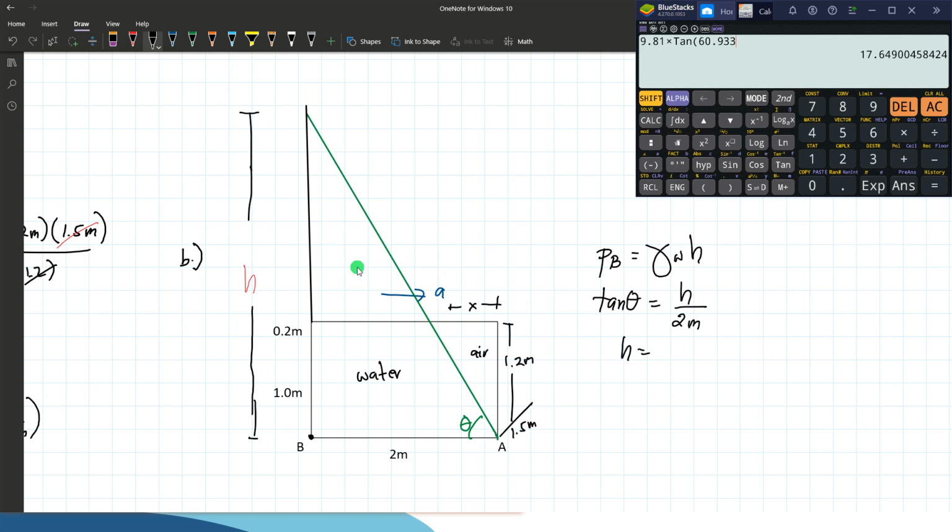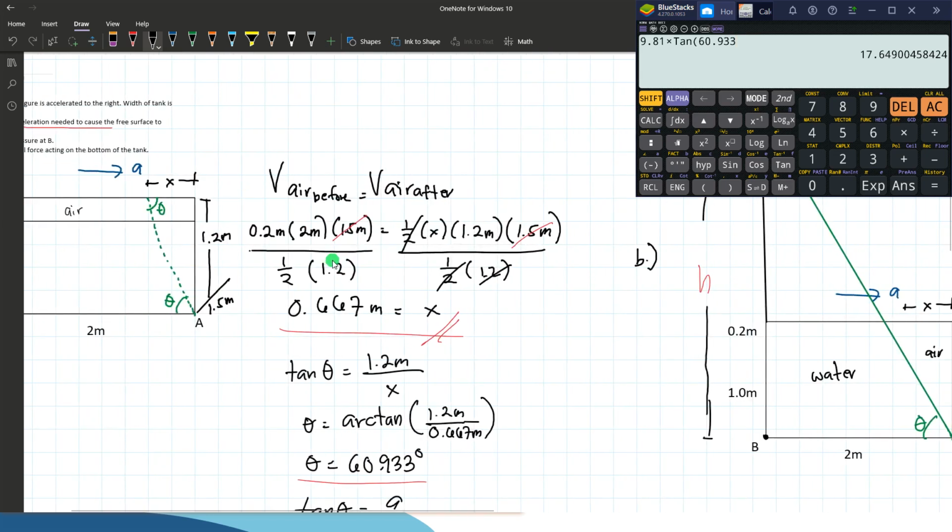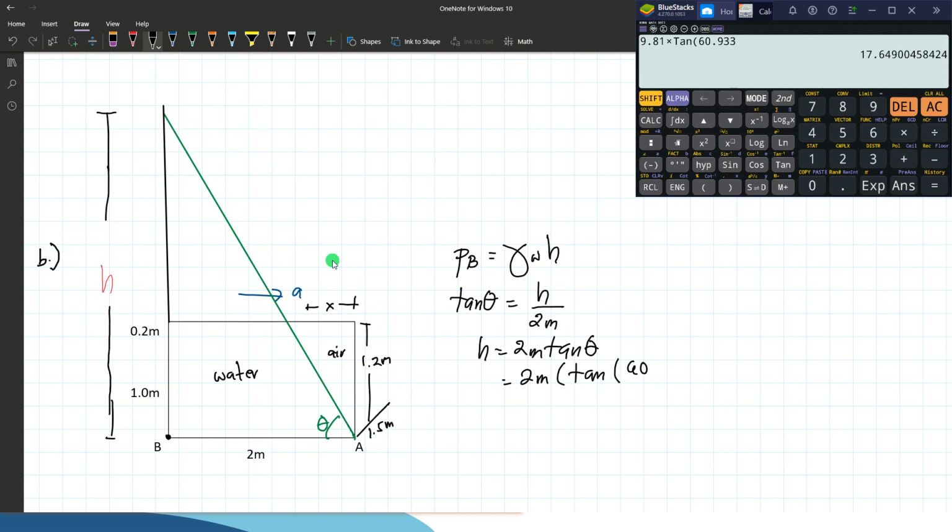So h equals 2 meters tangent theta. So 2 meters multiplied by tangent 60.933, so h equals 2 tangent 60.933, 3.598 meters.